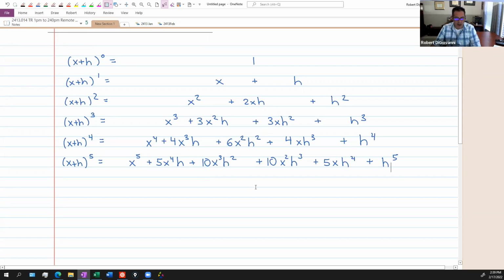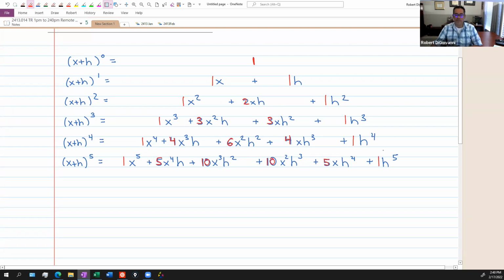I want you to focus right now just on the coefficients. If you have to go, you can go. We're almost done here. Just the numbers in front of all these letters: 1, 1; 1, 2, 1; 1, 3, 3, 1; 1, 4, 6, 4, 1; 1, 5, 10, 10, 5, 1.